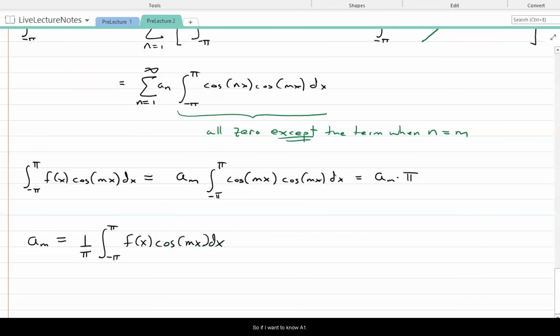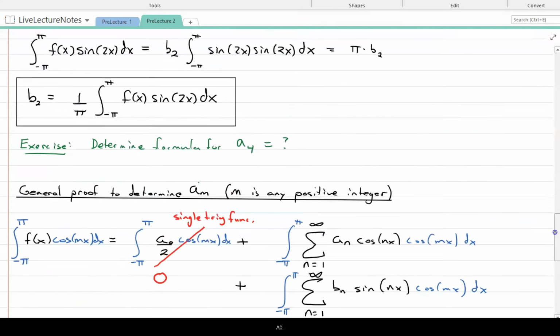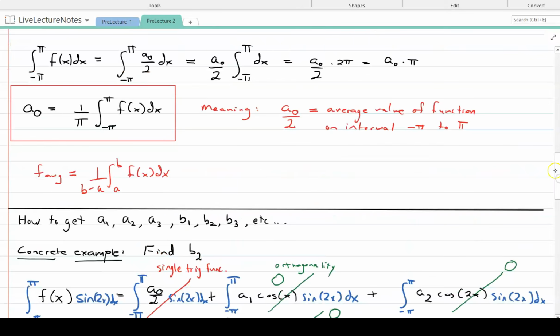So if I want to know a1, then I multiply by cosine of 1 times x and do this integral. If I want to know a3, then m is equal to 3. I multiply by cosine 3x and do the integral. So this works for any value of m. And actually, it works even for m equals 0 because if I go back up here, a0 was 1 over pi without any cosine at all.